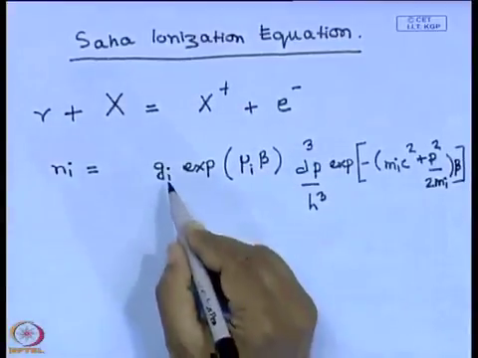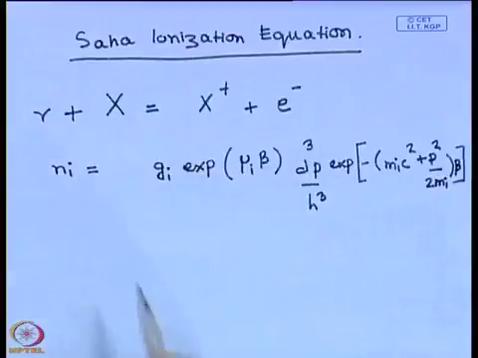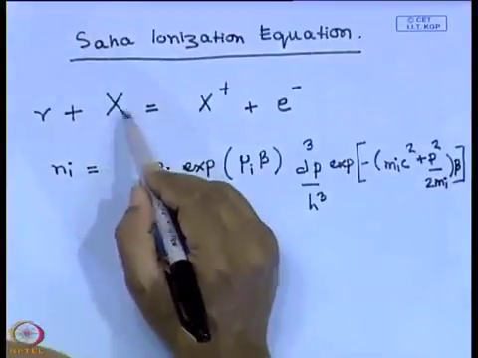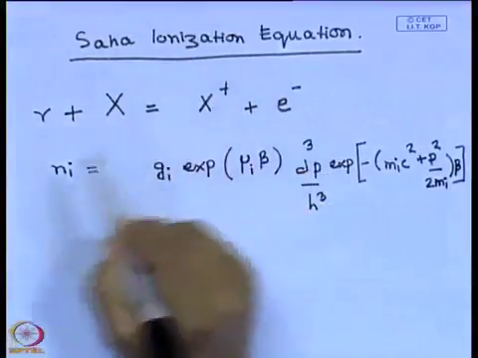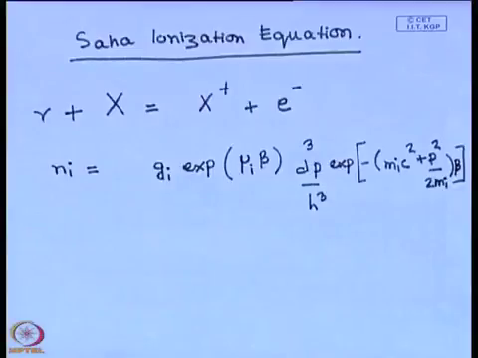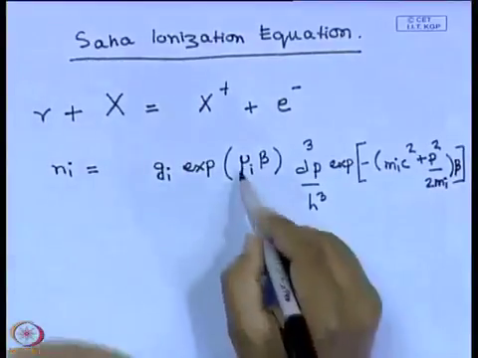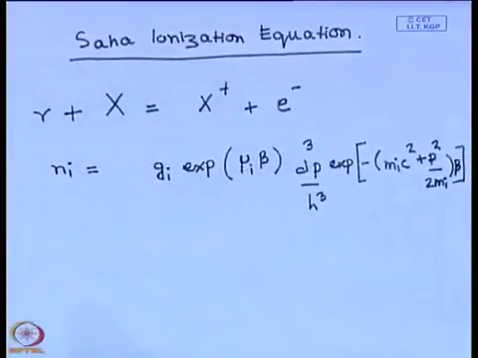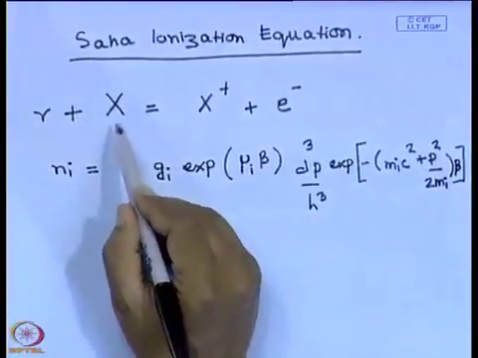Here g_i is the degeneracy of any of these states. So, it is a spin degeneracy g_i. mu_i is the chemical potential corresponding.